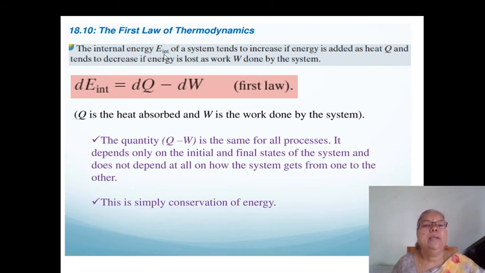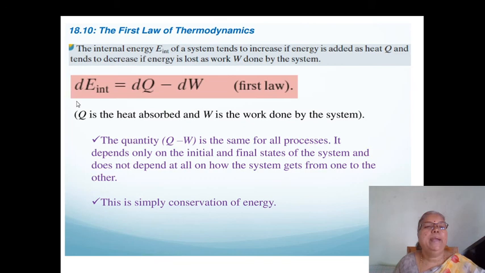And the internal energy E of the system tends to increase if energy is added as heat Q, and tends to decrease if energy is lost as work done W. Mathematically, the first law of thermodynamics is given by dE equals dQ minus dW, where this small d is the infinitesimal change. A very small amount of heat Q is absorbed, and a very small amount of work is done.